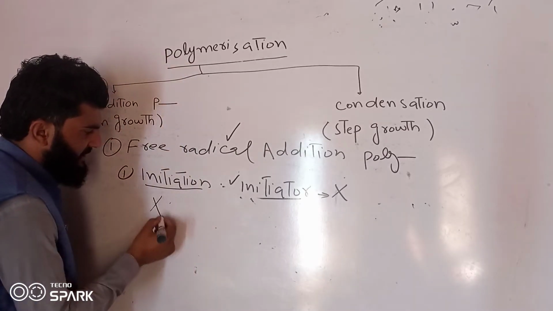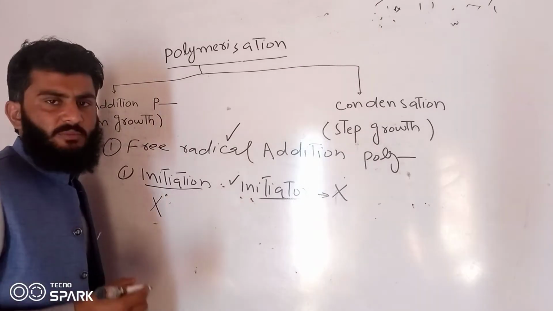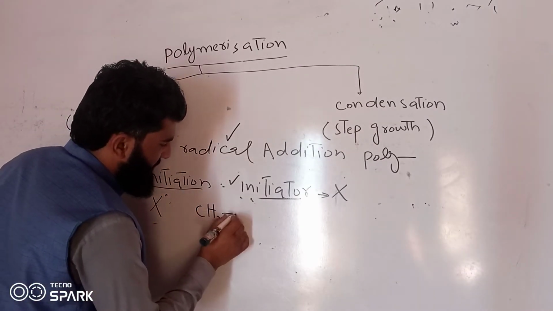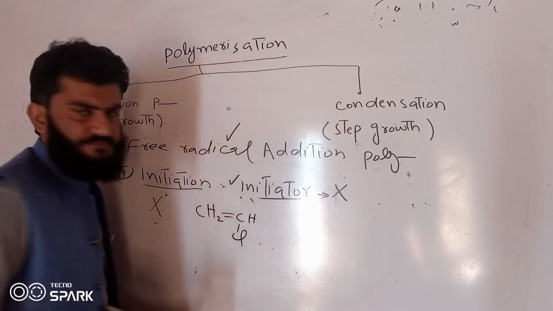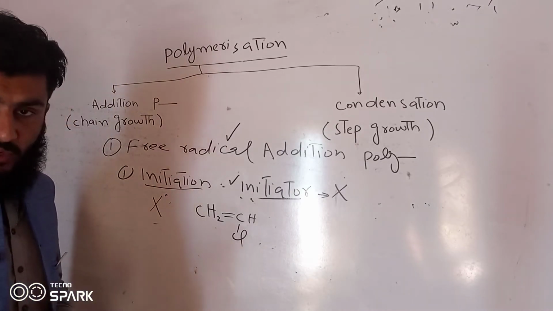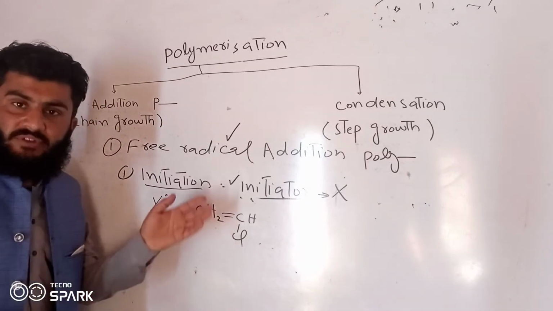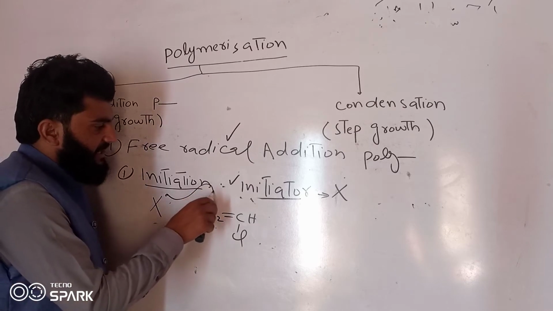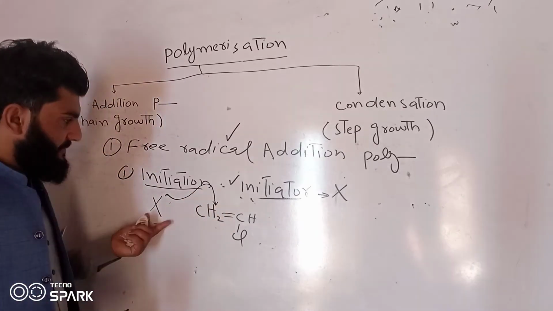For example, a free radical is formed and it attacks the monomer. So what is a monomer? For example, we take ethylene, or vinyl chloride. For example, we have taken vinyl chloride. This is the initiation step, when the free radical is formed and also attacks the monomer at the double bond.